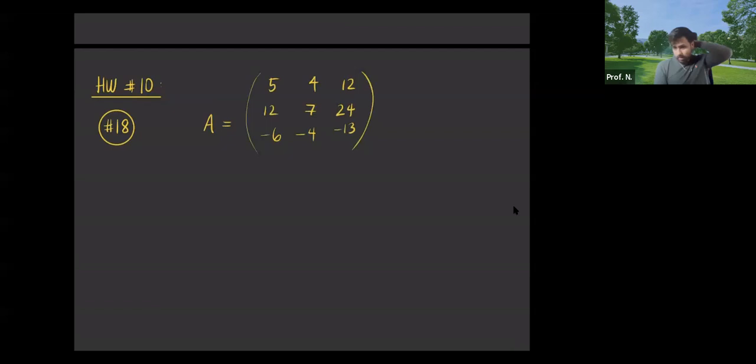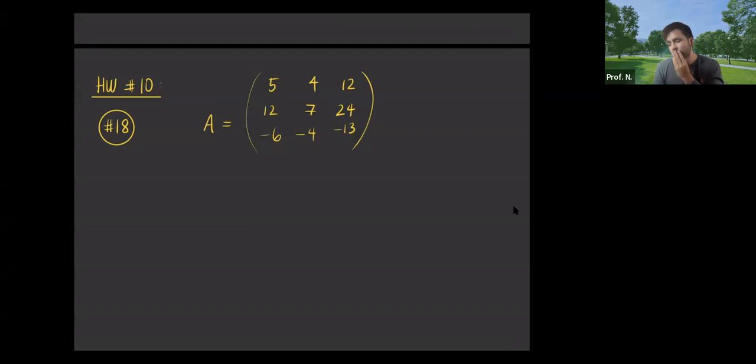So again, this is one of those questions. The matrix is 5, 12, negative 6, 4, 7, negative 4, 12, 24, negative 13. The last three of homework number 10 are all pretty tricky.